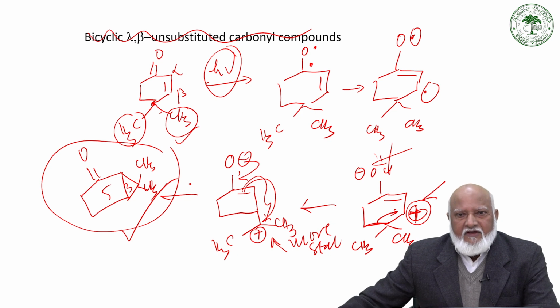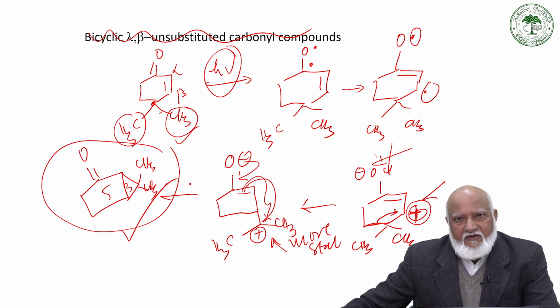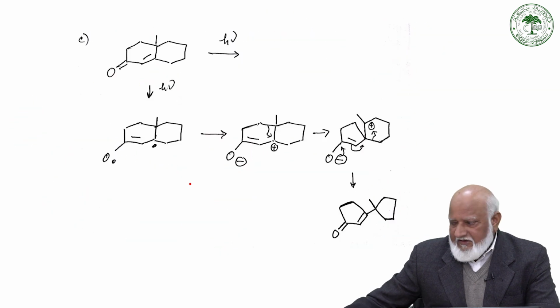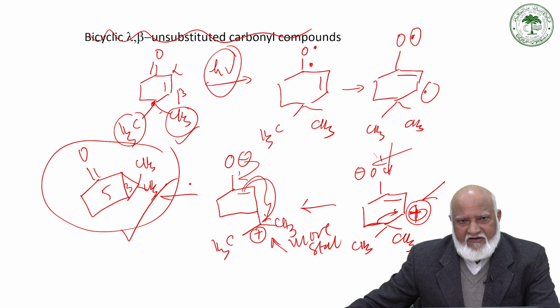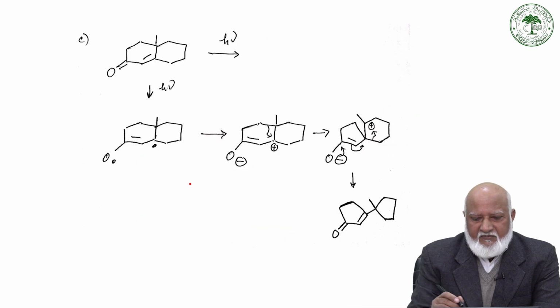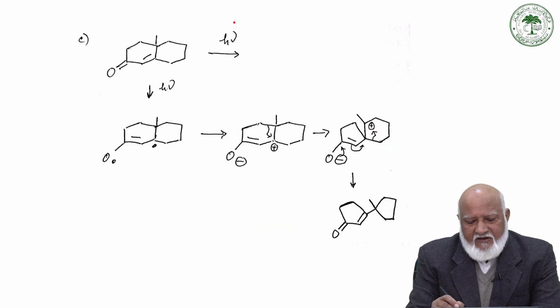People have tried a lot of examples, and a few with bicyclic systems. See, this is the heading: bicyclic alpha beta unsaturated. So this is an example. Instead of a monocyclic, it is a bicyclic system. Bicyclic alpha beta unsaturated cyclohexenone.